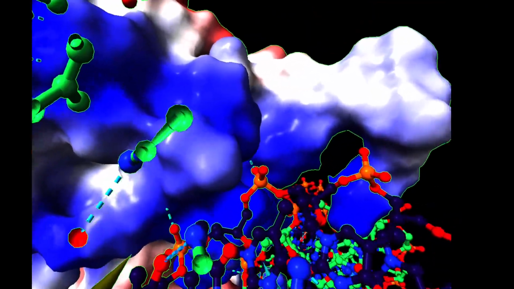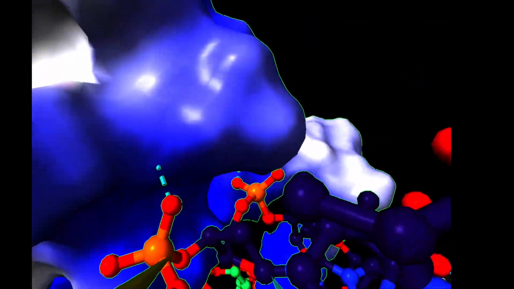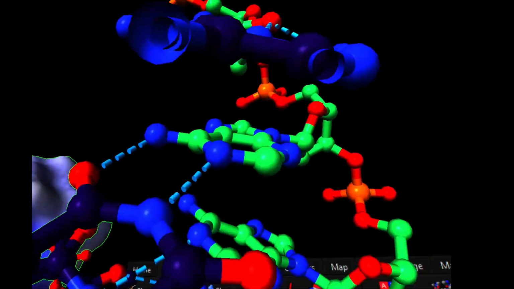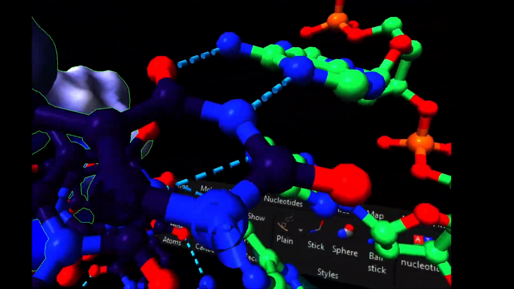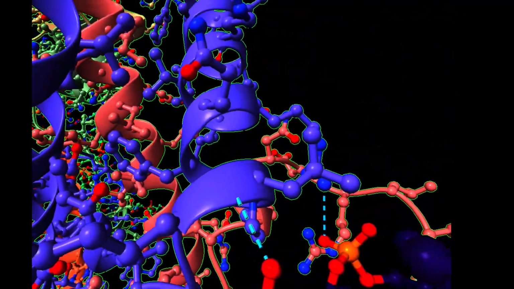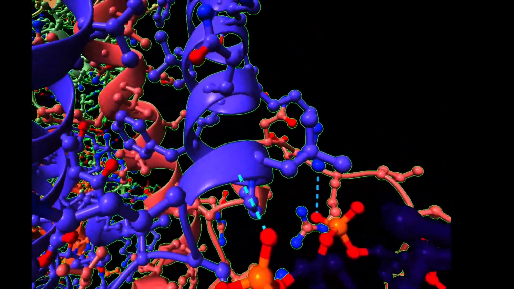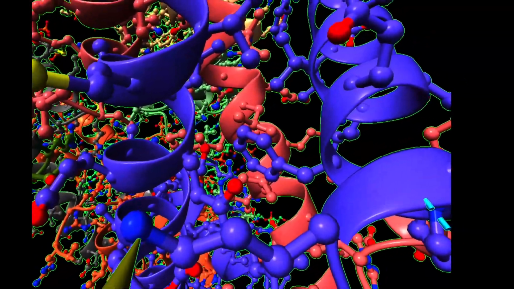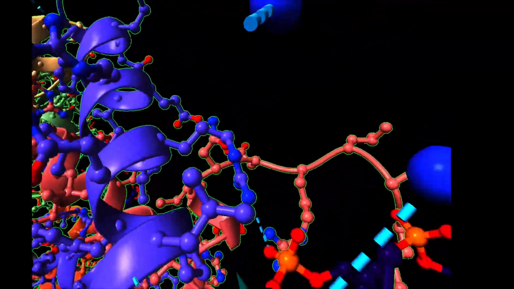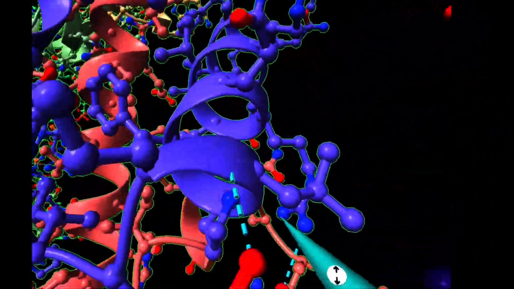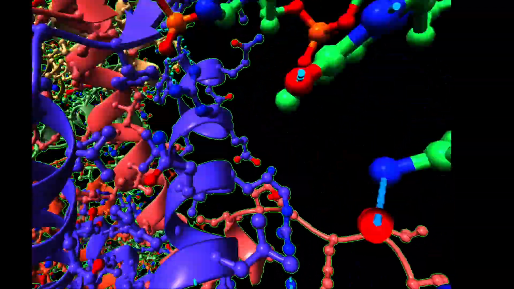So if I hide the surface right here and have a look at the residues, you can see there's a nitrogen right here and again another nitrogen right here. Both of these are arginine and lysine, which majorly contribute to the positive charge nature of the protein itself at the boundary of its interaction with the DNA.